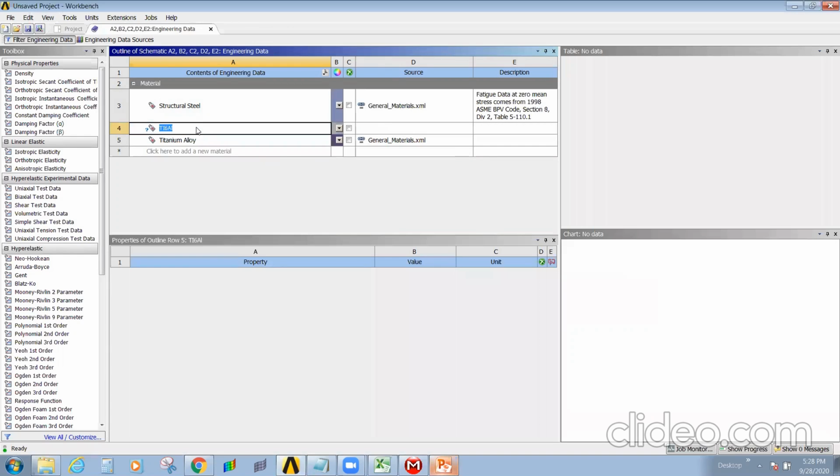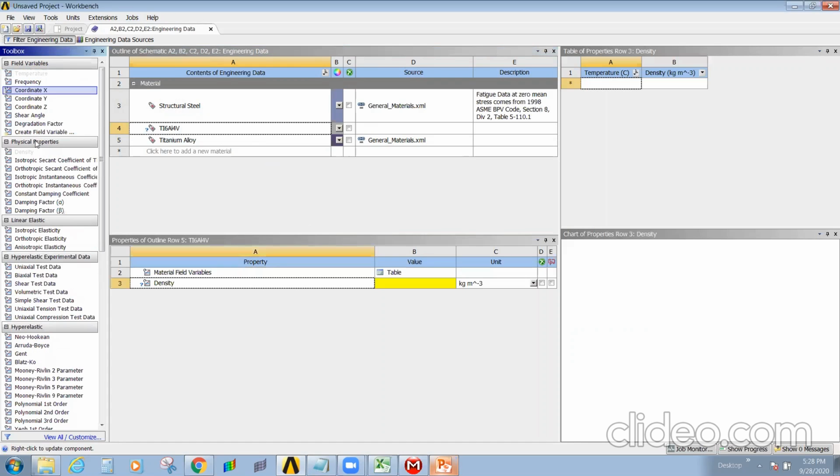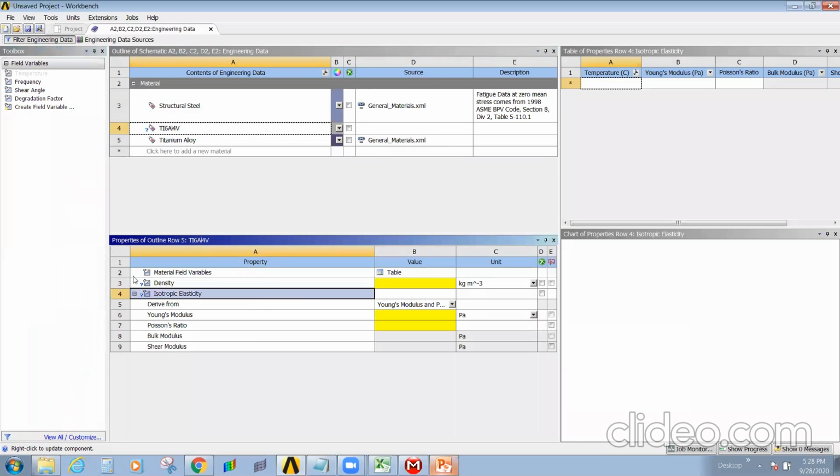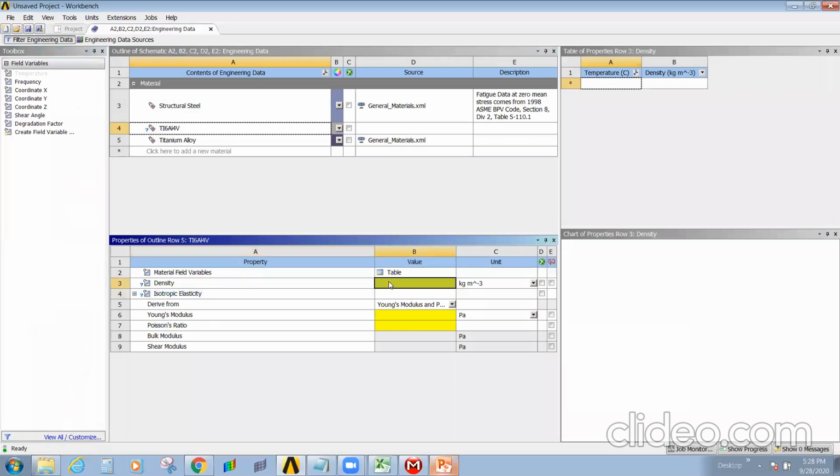So you can do either this or this way. I will just add the properties, density and your isotropic elasticity. Other things are updated directly.